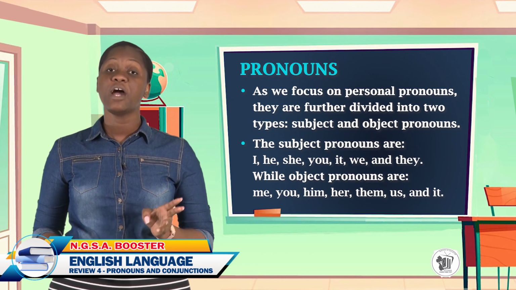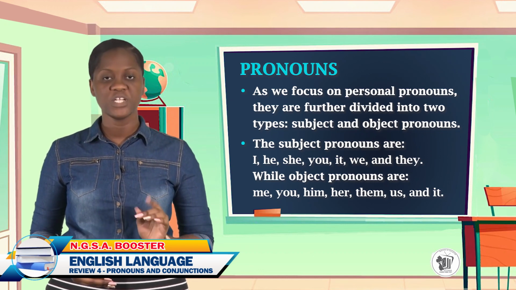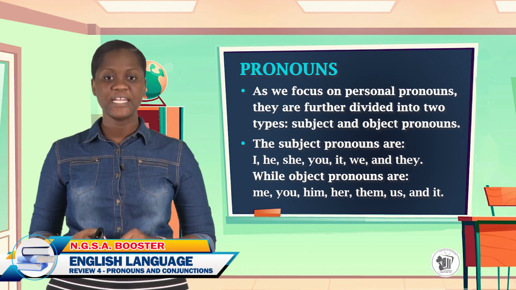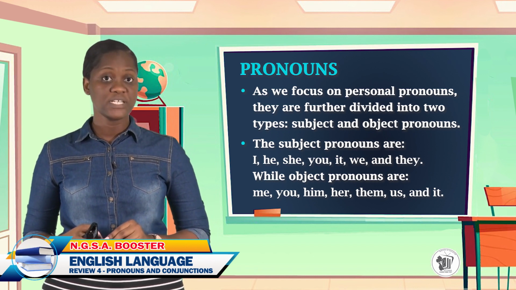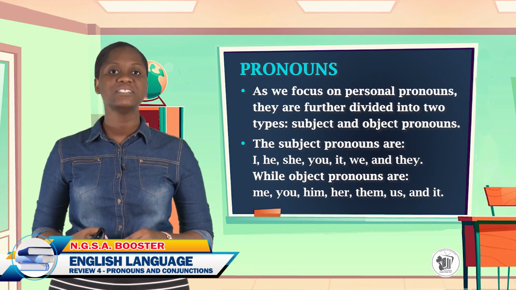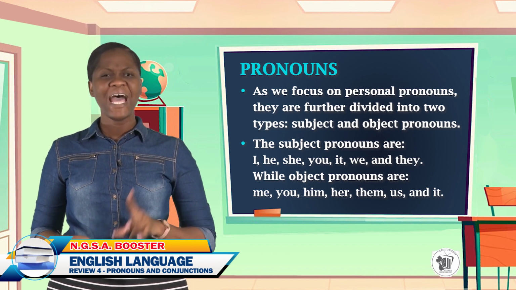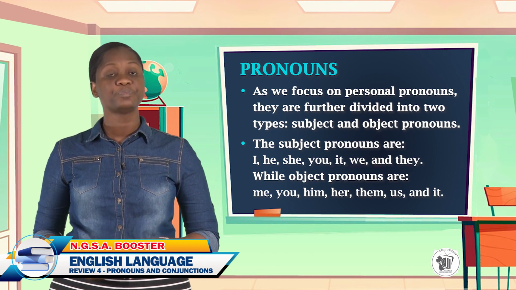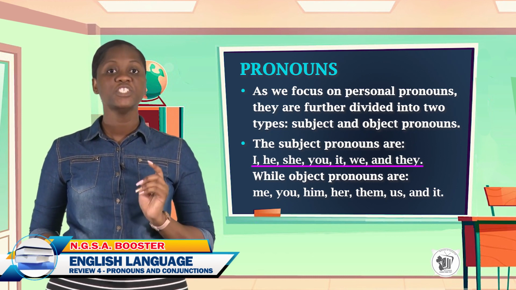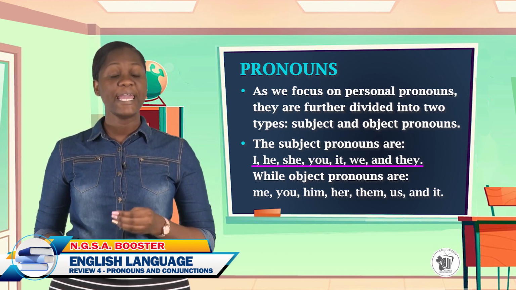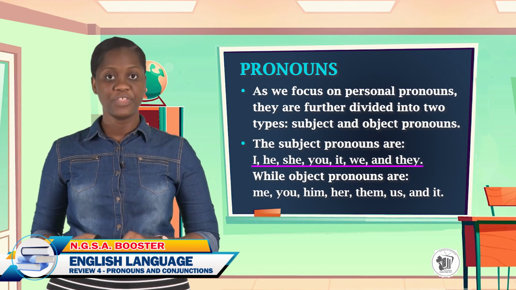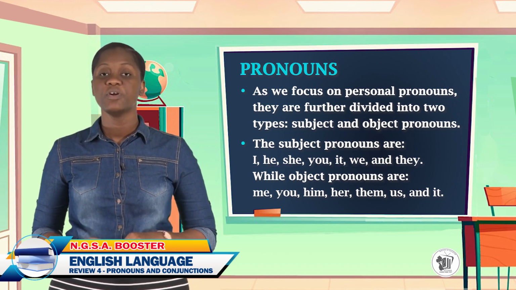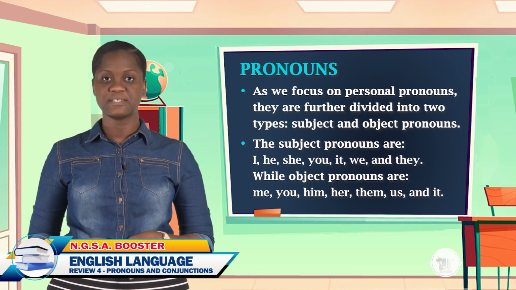Additionally, there are also personal pronouns, which are further subdivided into 2 types. There is subject and object pronouns. I must remind you that the subject pronouns are I, he, she, you, it, we, and they. These are used when we are referring to the subject of a sentence.